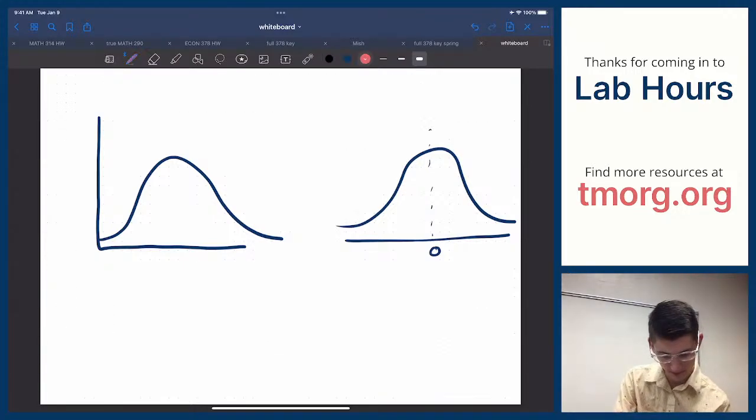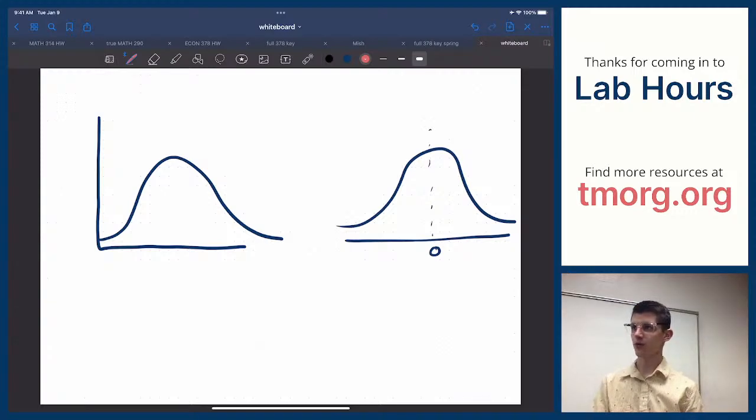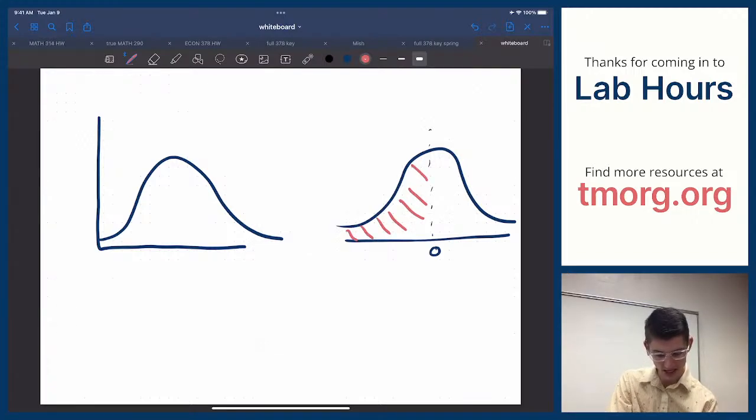Well, the 50th percentile value is the value of the PDF such that 50% of all possible values of that PDF are more negative or to the left of that value. So if I am symmetric around 0, that means implicitly my 50th percentile, or my median, is 0. Yes?